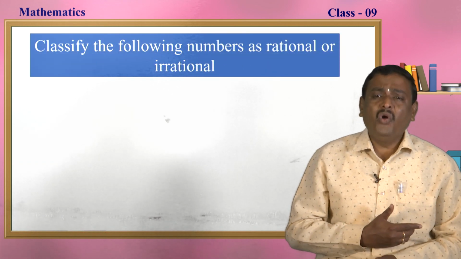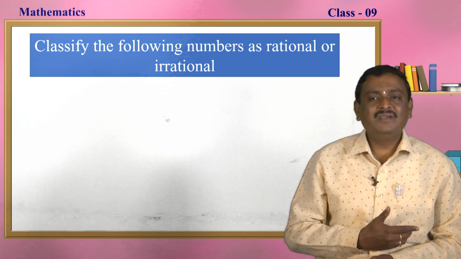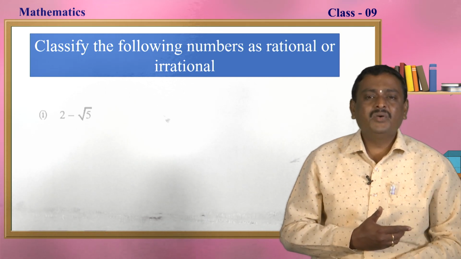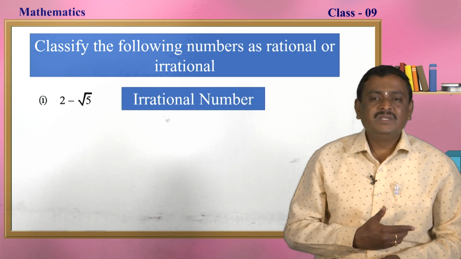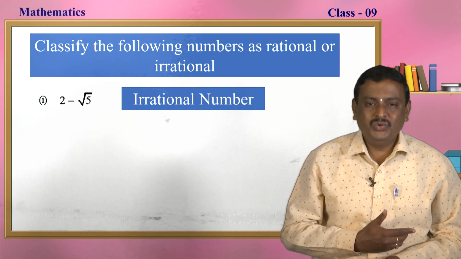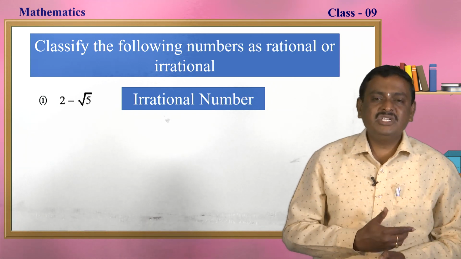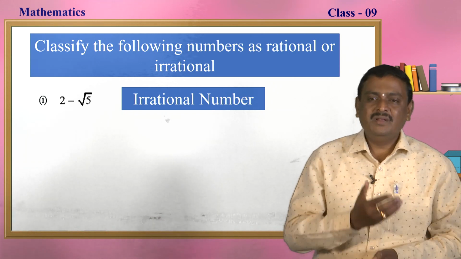Classify the following numbers as rational or irrational. The examples here, see 2 minus root 5, here one is a rational number, another one is an irrational number. So, it is irrational. Why?